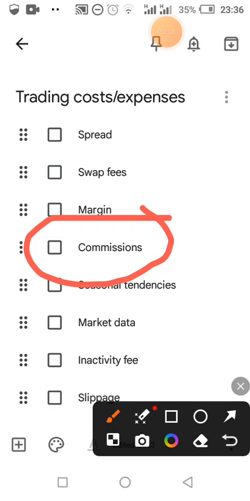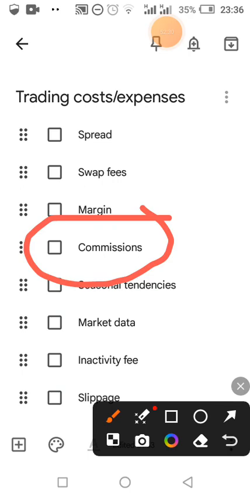So for STP brokers, they may also give you an option to open a commission-based account. So a commission will be just a fee which you are charged to open and also to close your trade.